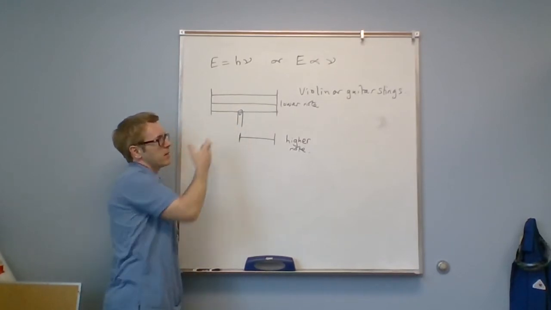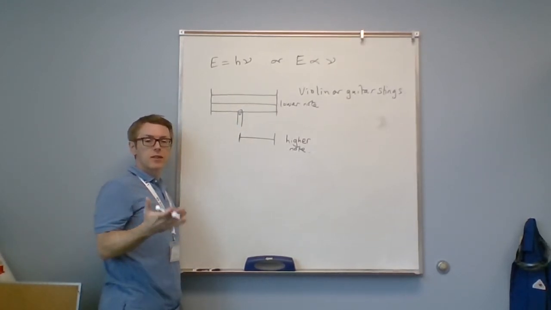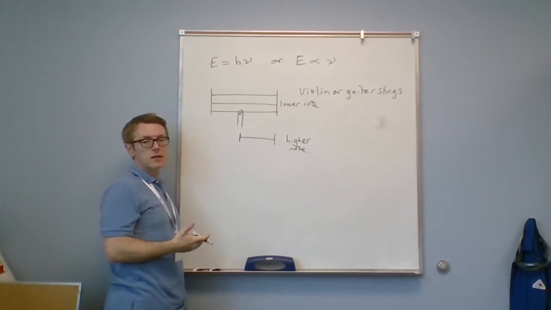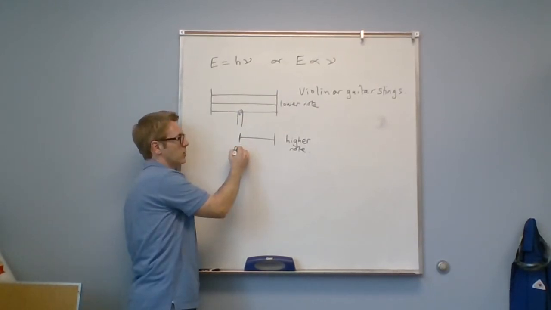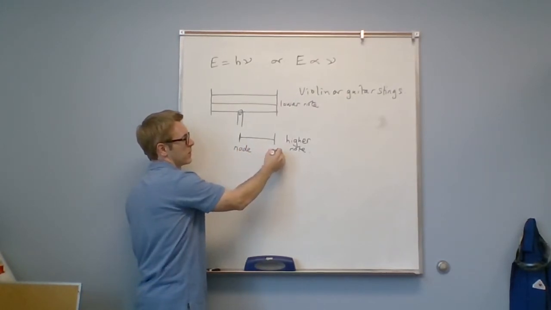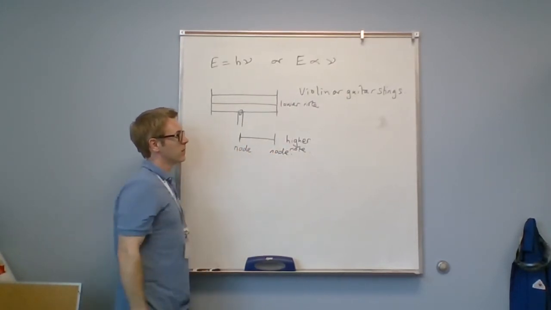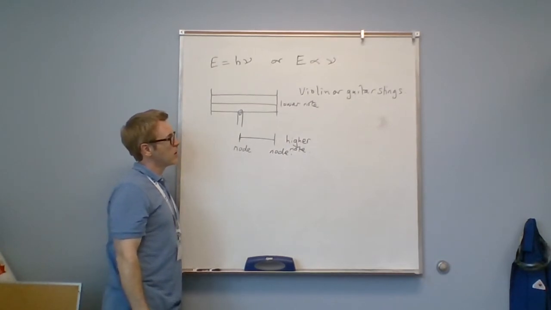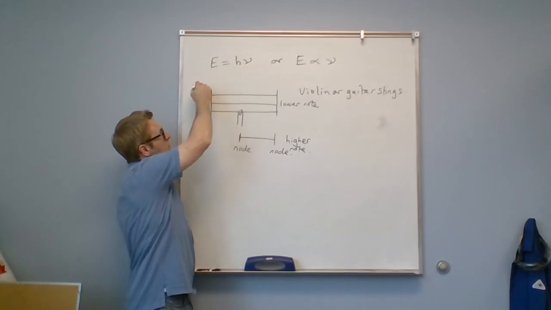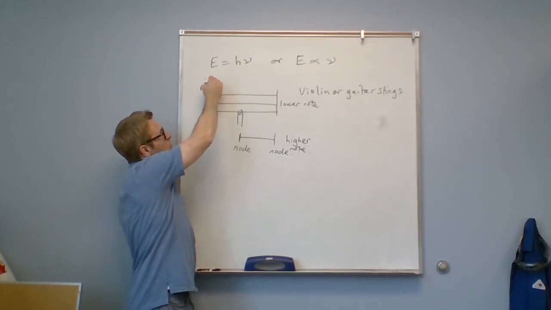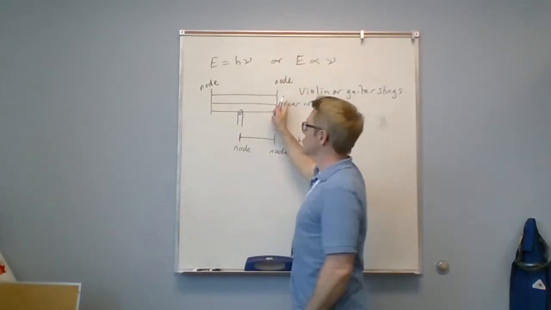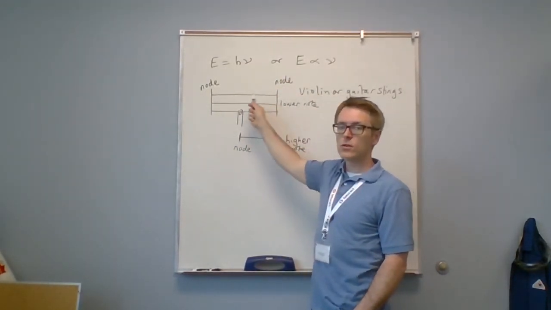Putting your finger on a string is something that a musician would do. The language we would use to describe this in chemistry would be a node. Here we increase the number of nodes. Originally, if we look at the original length of the string, I had 2 nodes.